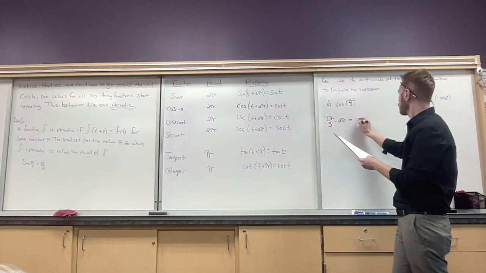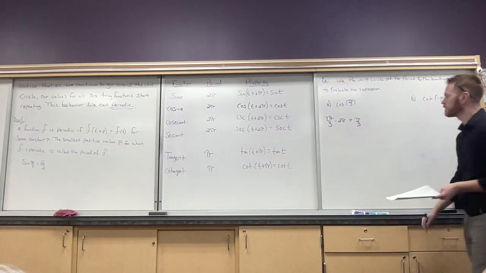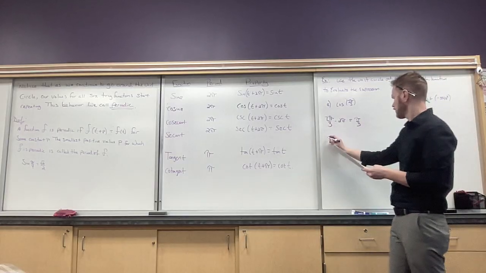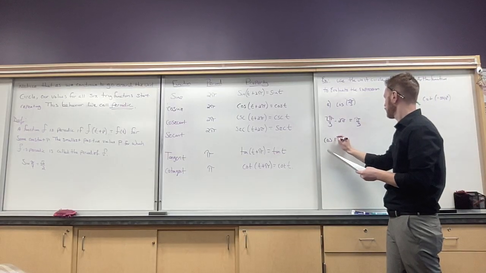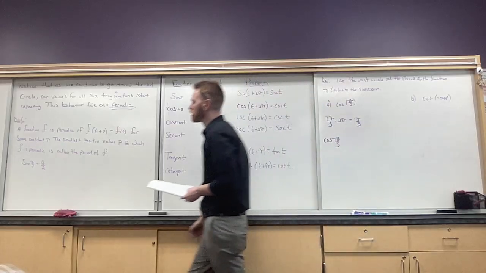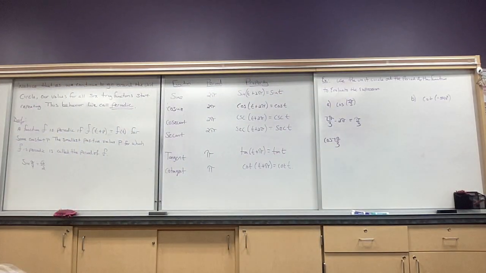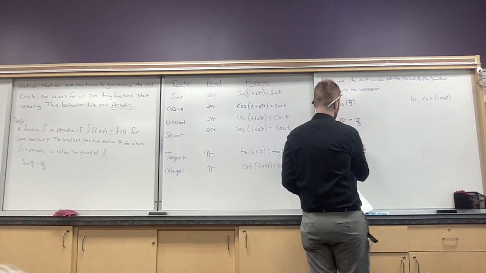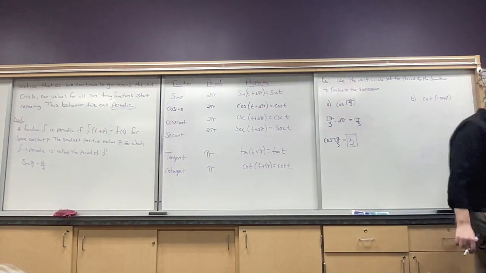We get pi over 3, just to save a little bit of time. Pi over 3 corresponds to what point over here? Well, one half, square root of 3 over 2. And cosine's with the x, so it must be one half. So cosine of 7 pi over 3 is one half.